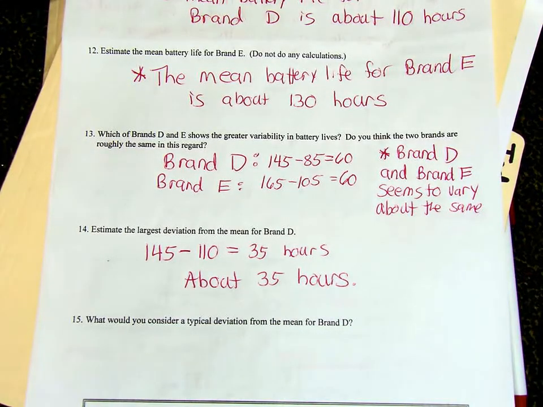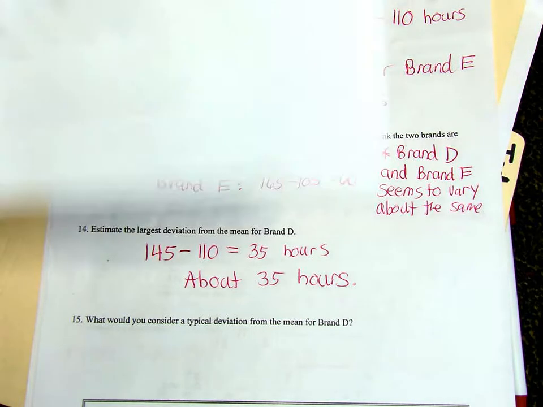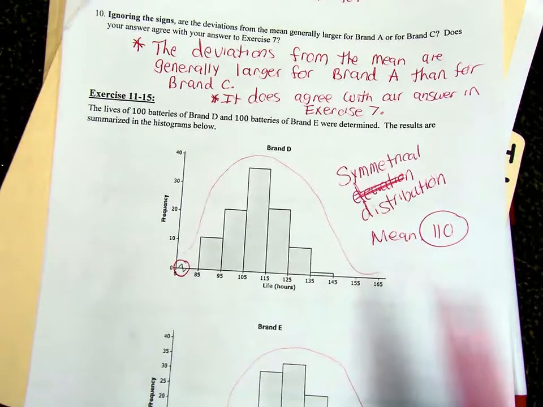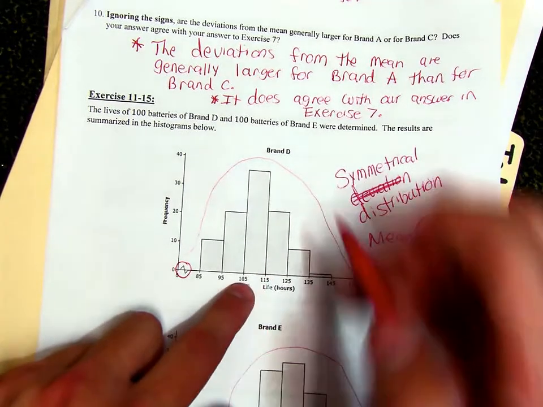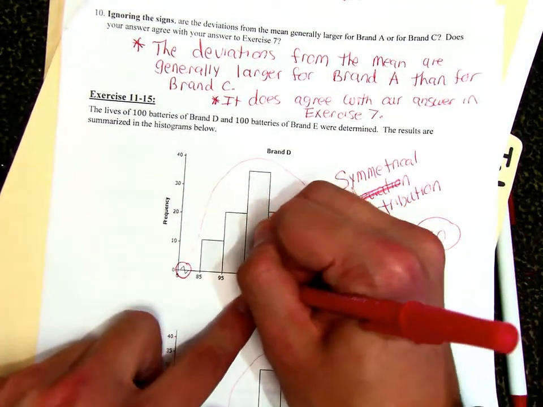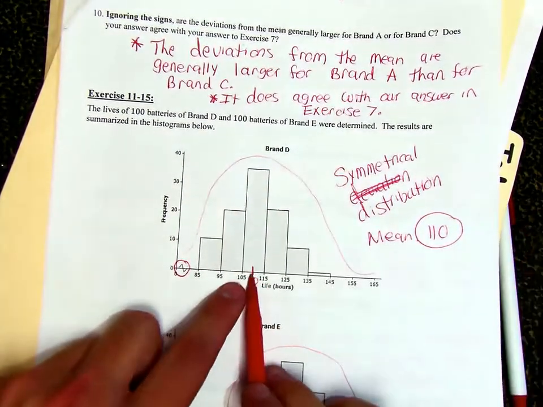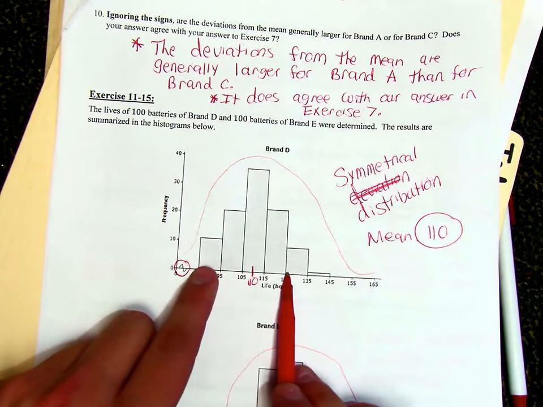Okay? And then for the last question that we have here, they want to know, what would you consider a typical deviation from the mean for brand D? So basically, if we go back to brand D, our mean is about here, we said, 110. So typically, it would be 5, 10, or 15 off, right?